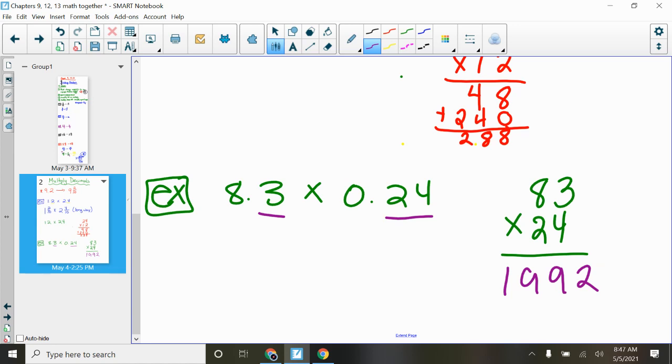You shouldn't have to add a 0, because I have 3 digits after decimals in the problem, so I need to have 3 digits after the decimal in my answer. It's gonna go after the 1. So your answer should be 1.992.